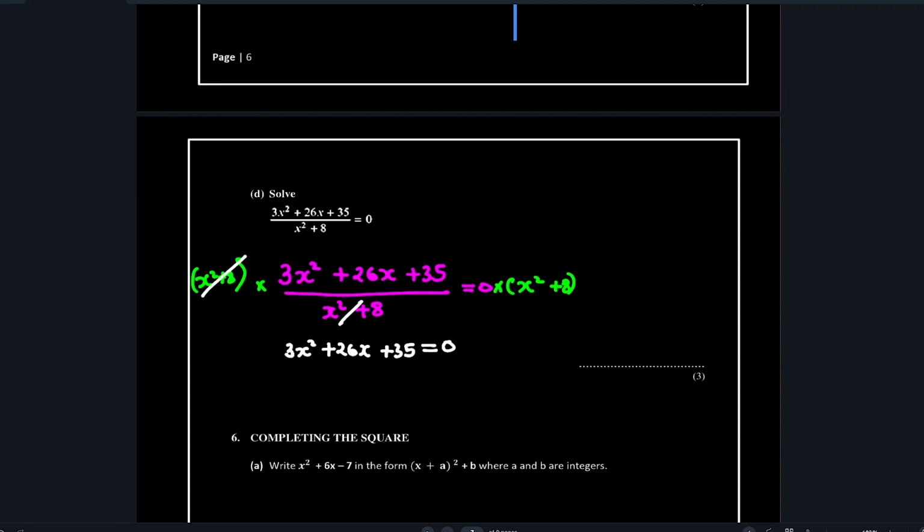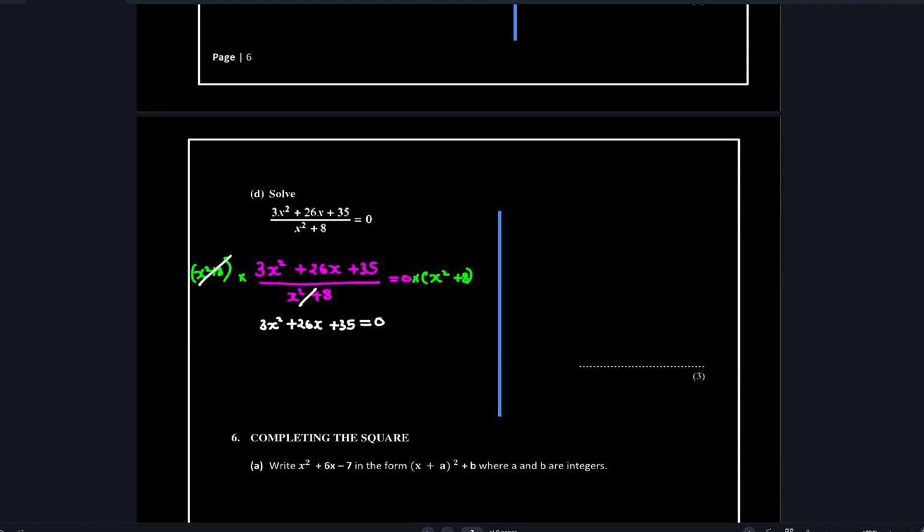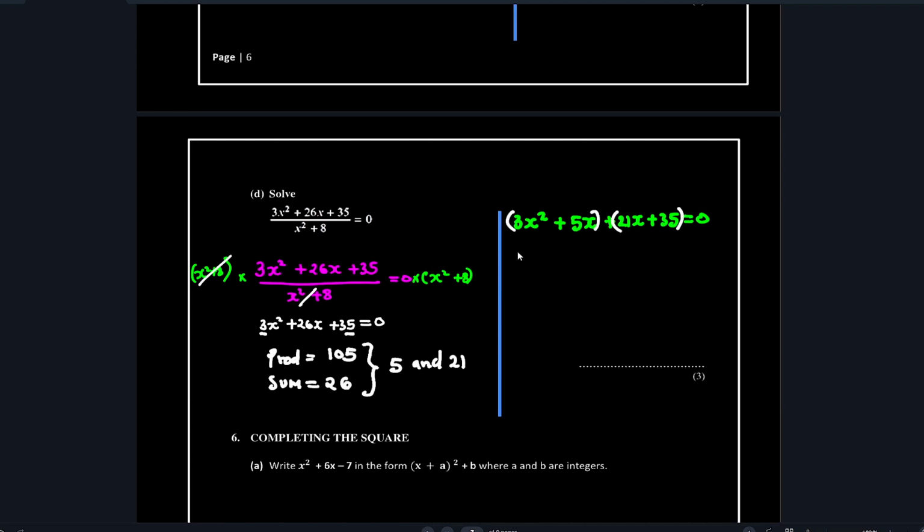This is a question you can now use any method on. You can use product and sum. You can use factorization in order to solve that, so that once you factorize, you get the two brackets like that. And we can pick the numbers that are outside like that, and then we shall have x plus 7 into 3x plus 5 equals to 0.